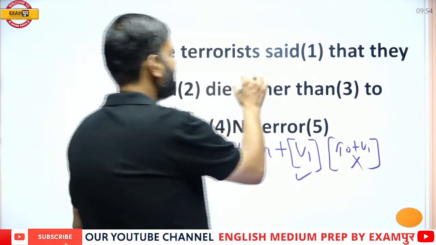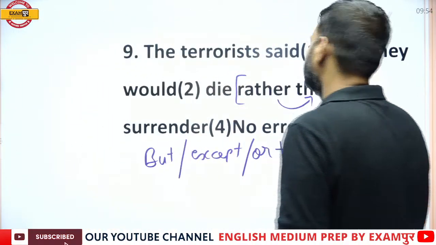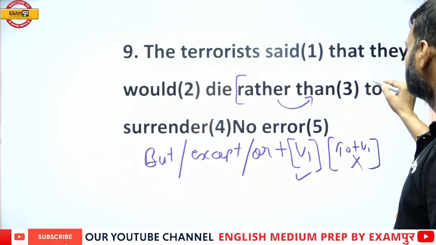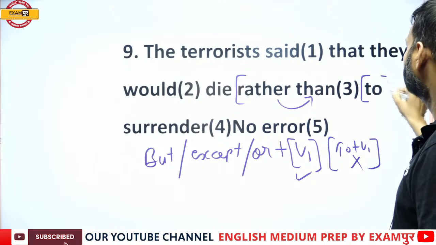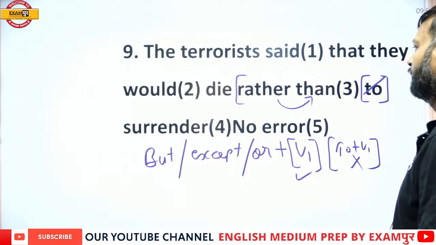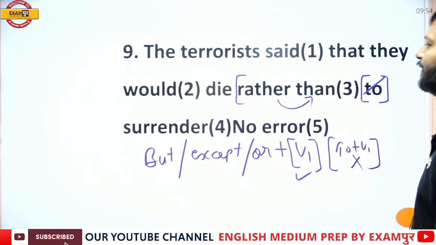So here we have rather than. So rather than is not followed by bare infinitive. So you have to eliminate 2 from here. It would be: the terrorist said that they would rather die than surrender.